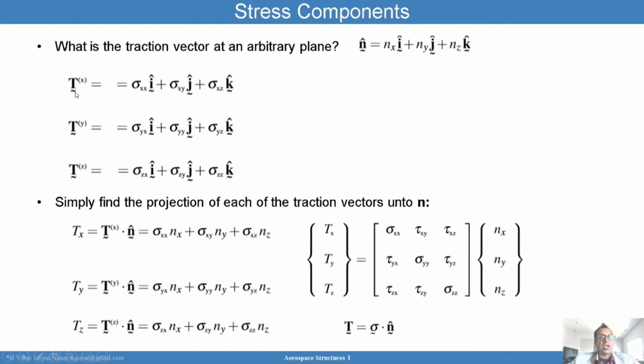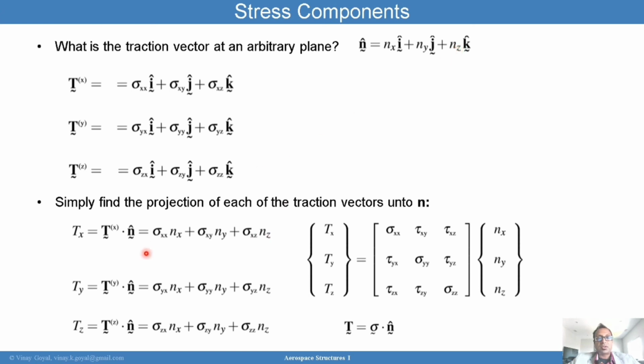I know the tractions, so what I have to do is take the traction vector and take the dot product against n to find the value of that traction on that face, which is going to be sigma xx times nx plus sigma xy times ny, and then I will have sigma xz times nz.